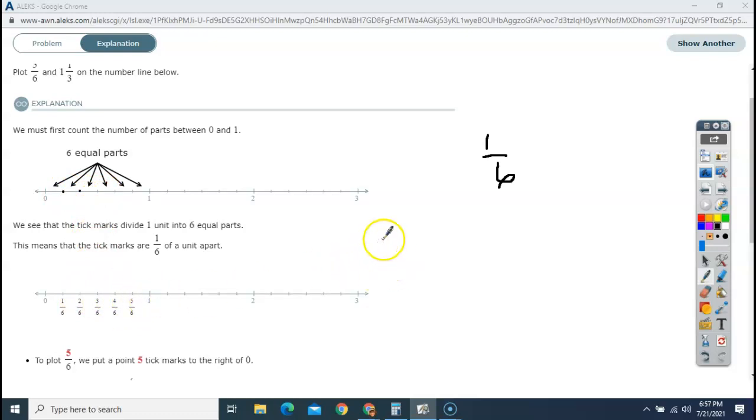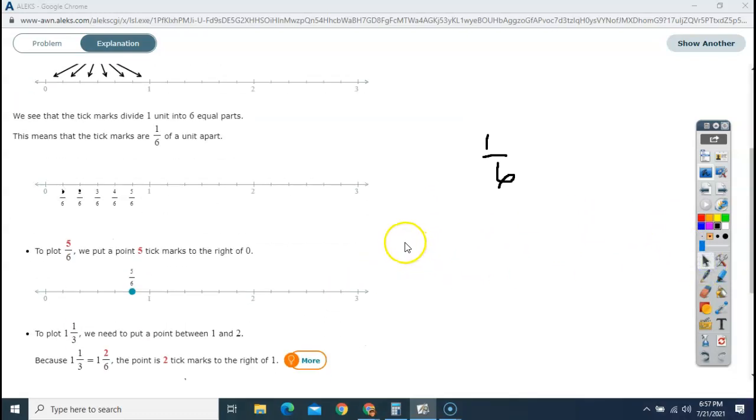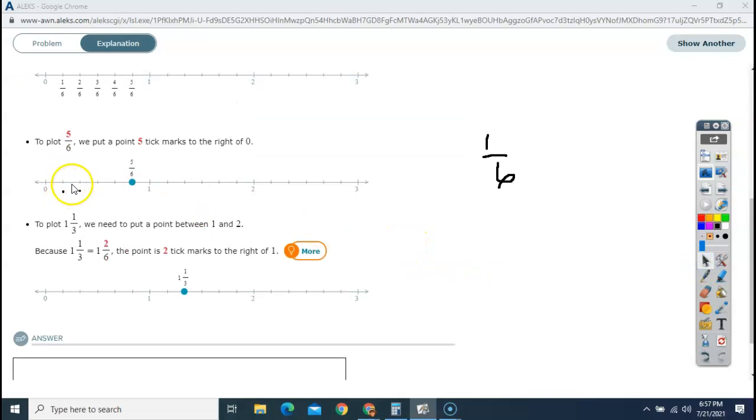So if I wanted to plot 5/6, I would simply just count 1, 2, 3, 4, 5, boom. If I wanted to plot 1 1/3, I want to make this 3 a 6 to make sense to me. So to make a 3 a 6, I multiply it by 2.